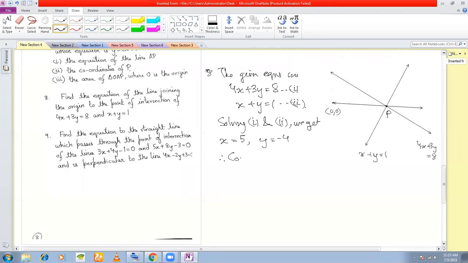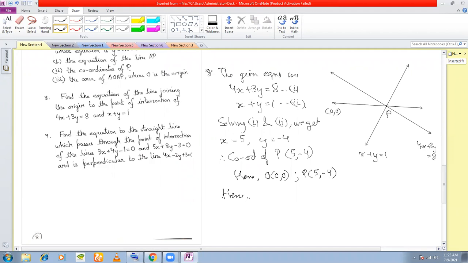Therefore, coordinates of P is (5, -4). So what is the equation of OP? O here is the origin, and P here is the point (5, -4).